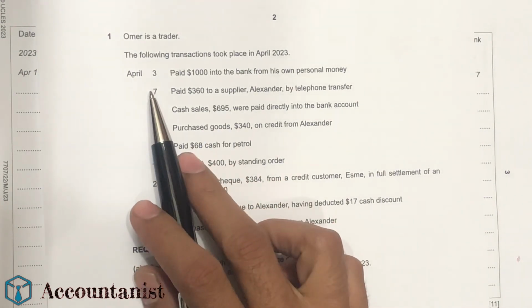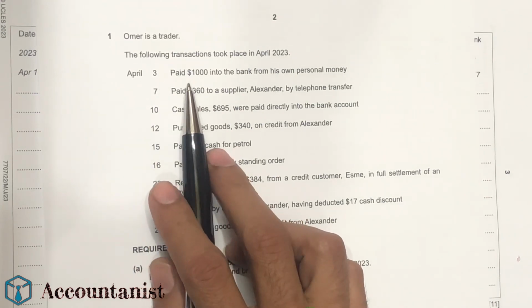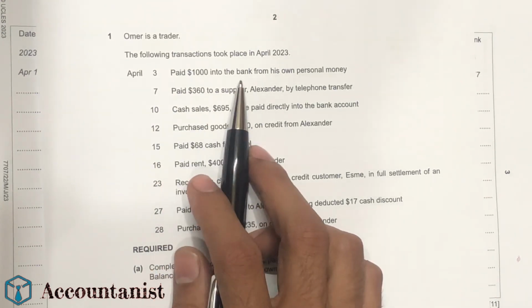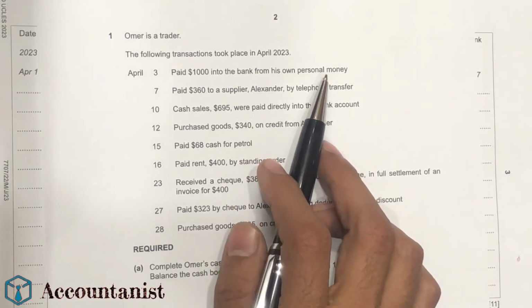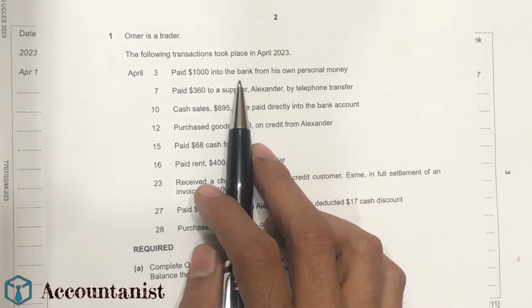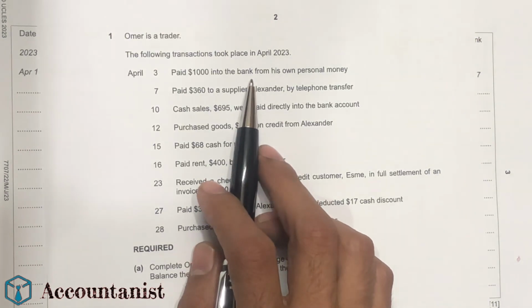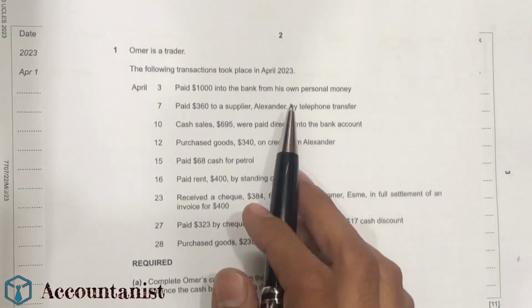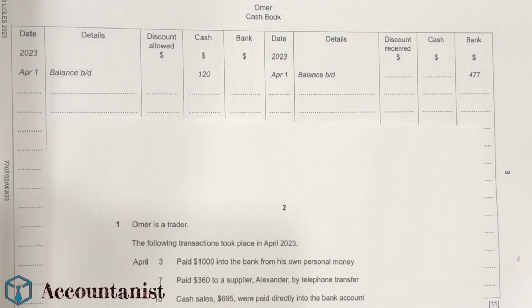The first transaction says April 3rd we paid 1000 into the bank from his personal money. Personal money means the capital account, and deposited into the bank account means our bank balance is going to increase. So we are going to record this on the debit side in the bank column.